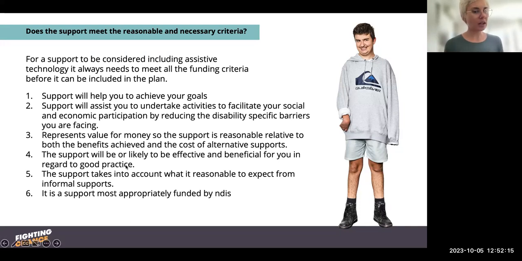The support will be, or is likely to be, effective and beneficial for you in regard to good practice. So it's reasoned clinically. The therapists are saying that there's evidence that this piece of equipment has helped all these people in the past who have had the same barriers, and here's the evidence there.